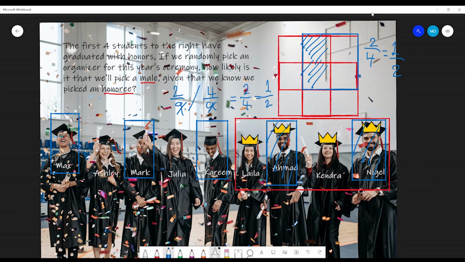So if given information shrinks your space, you need to take that information into account once you calculate the fraction you wish to know the likelihood of. So you wish to know males, you only could have picked an honoree, so you wish to know those who are both, out of those who are honorees, which is your new shrunk space.